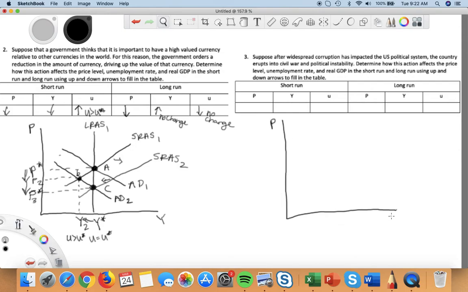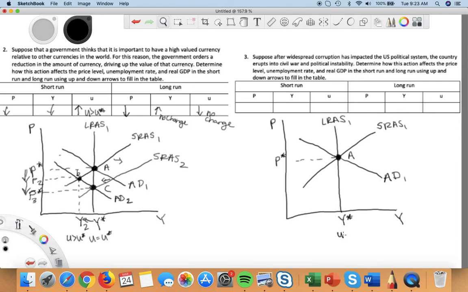Got P and Y and long run aggregate supply, short run aggregate supply, aggregate demand, point A, P star, Y star, U equals U star. That's everything.